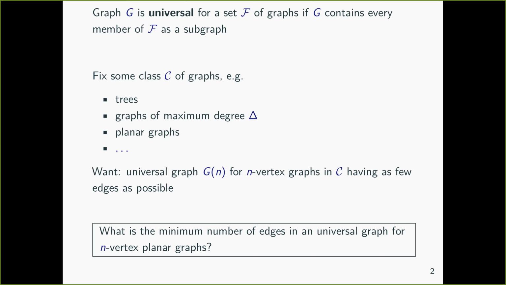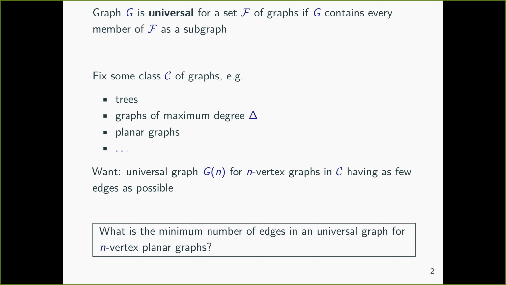Of course, since we want to realize our graphs as subgraphs, we could always take a complete graph on n vertices. That's always universal, but you would agree that that's not a very interesting universal graph. Typically what we want to minimize here is the number of edges in our universal graph. So we would like to do at least better than the quadratic bound in n.